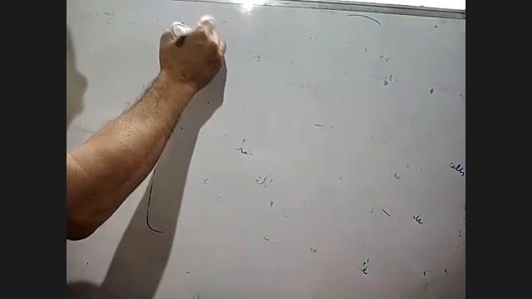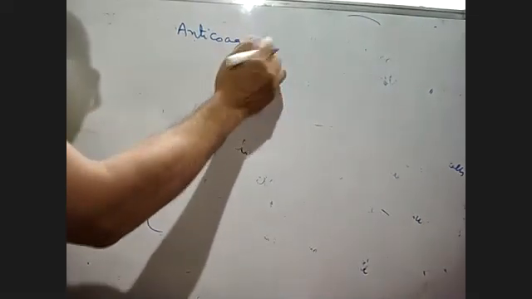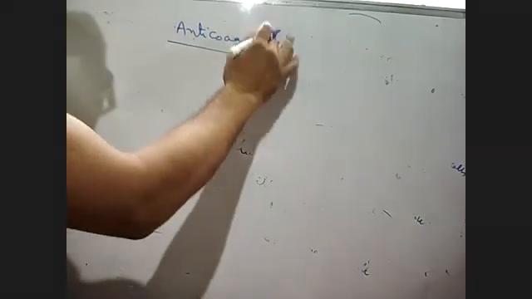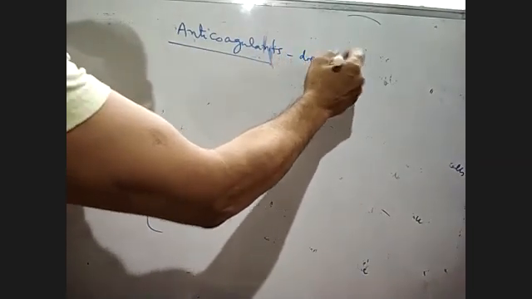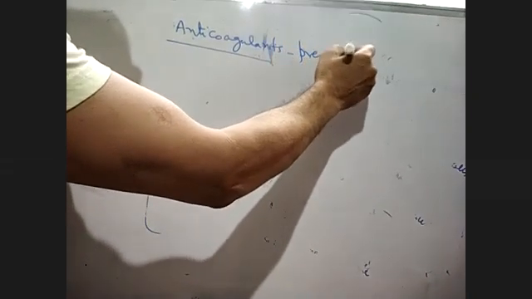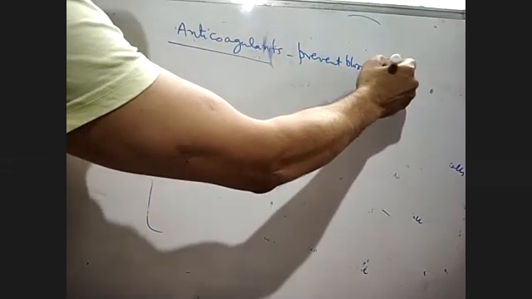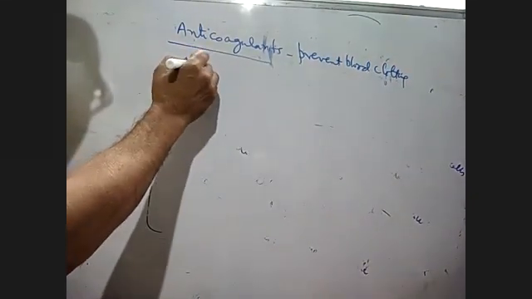Write down anticoagulant. Anticoagulants prevent the blood clotting artificially.